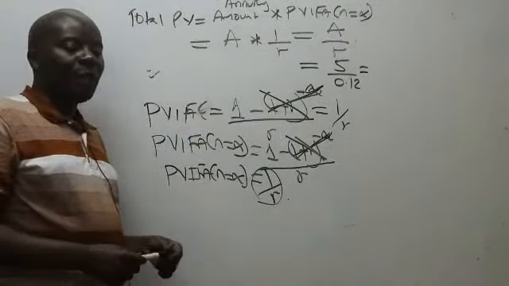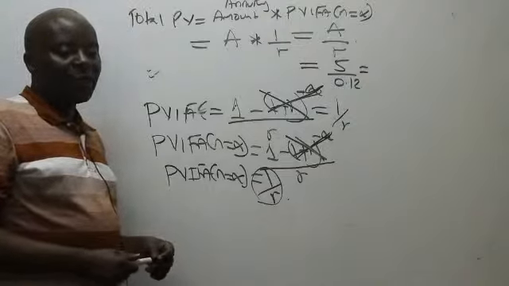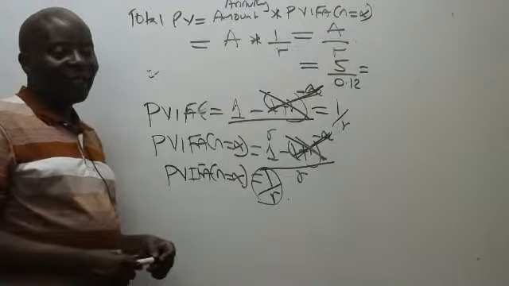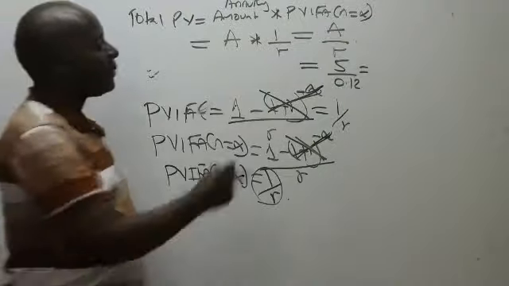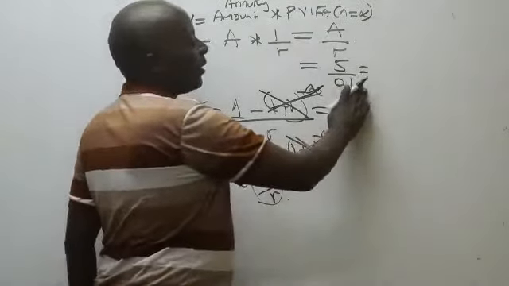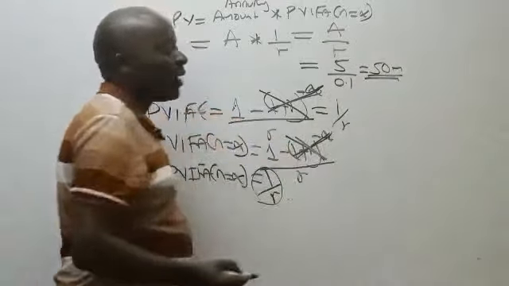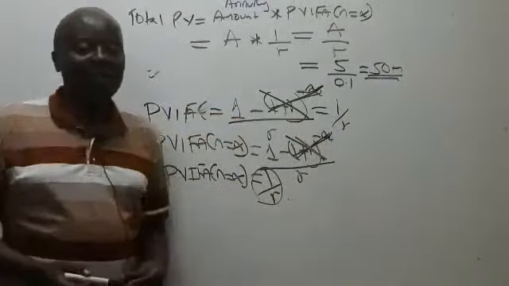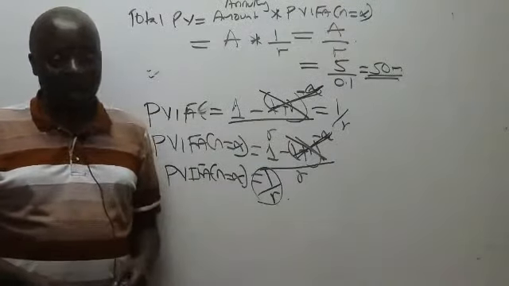Is it 10% or 12%? Kenneth, is it 10 or 12? I'm being told it's 10%. So then that will give me 50 million. That is the total present value of that poor lady's endowment fund.